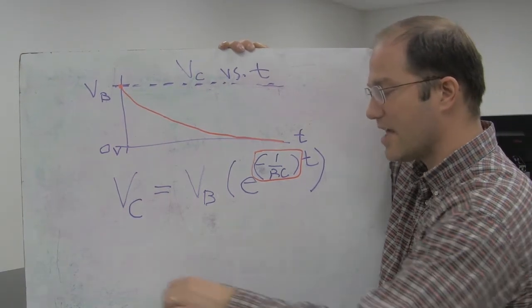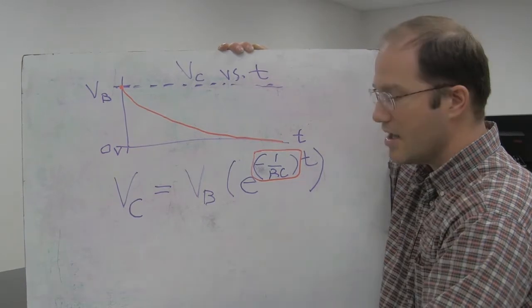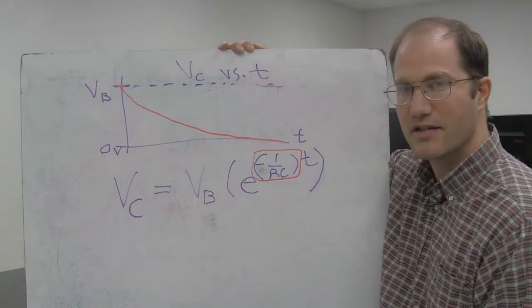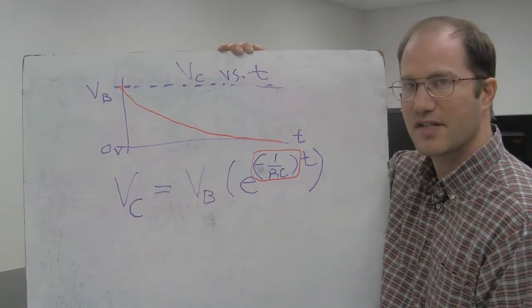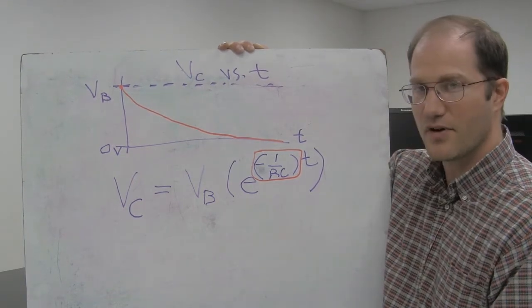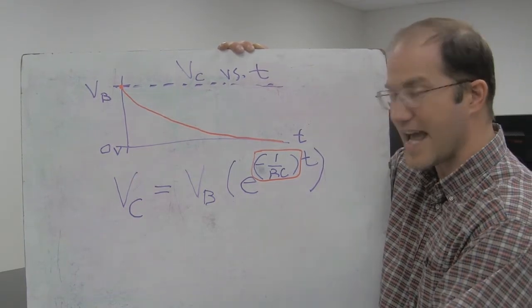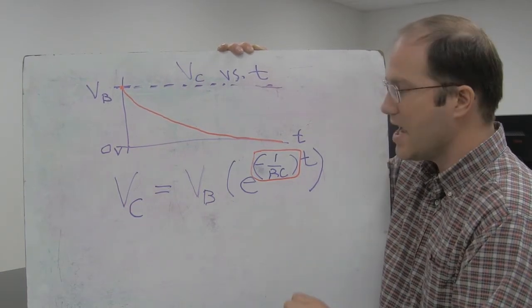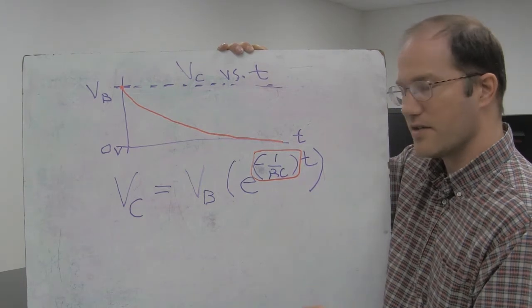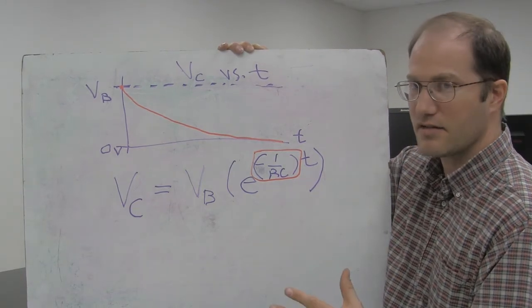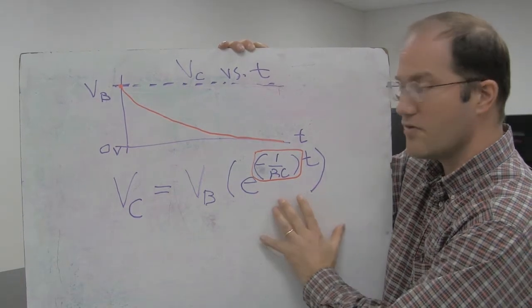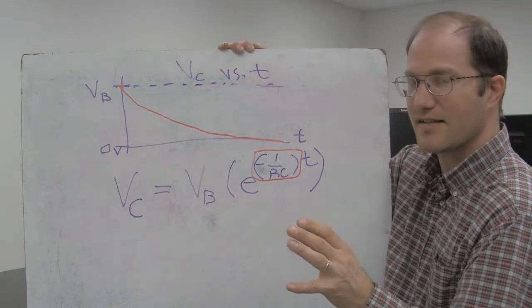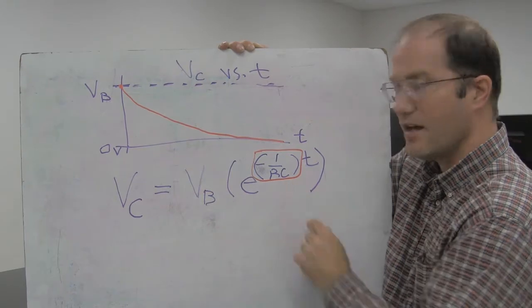Because capacitors will have their value printed on them, but usually capacitor values are wildly inaccurate. 25–30% is not irregular for the accuracy of the printed capacitance. And so if you don't have a meter that reads capacitance, which we don't, then you have to do this in order to determine a more precise or more accurate capacitance of the circuit.